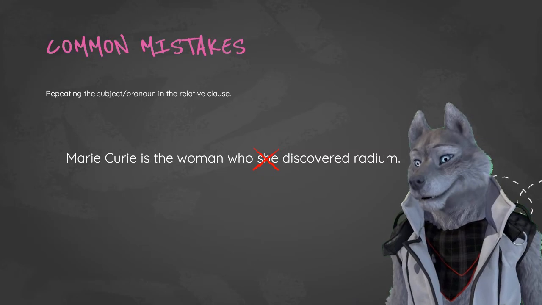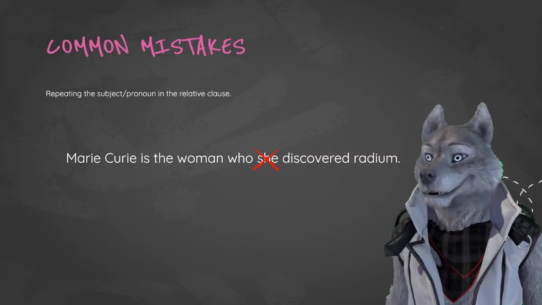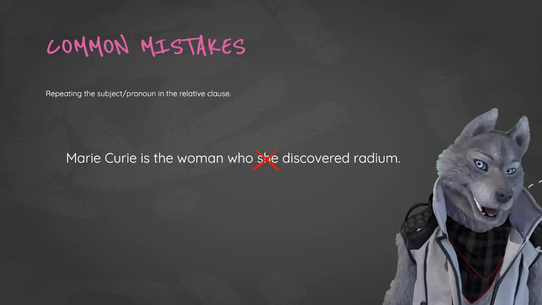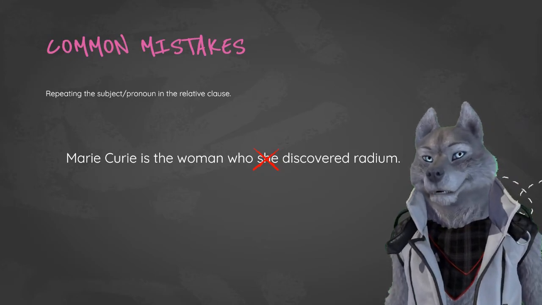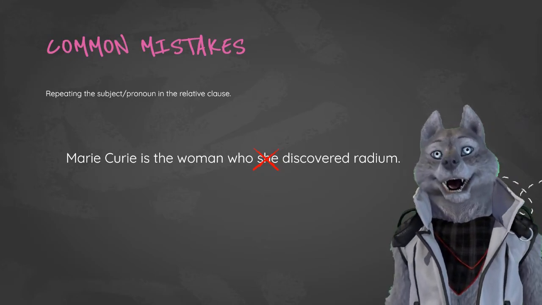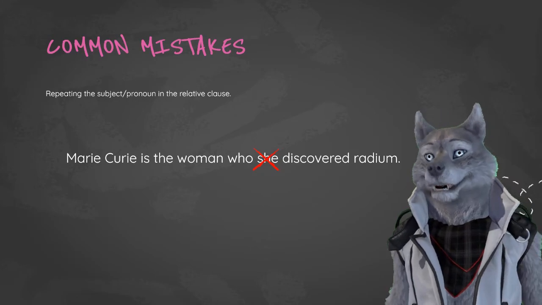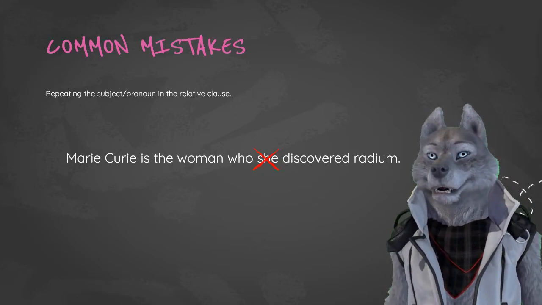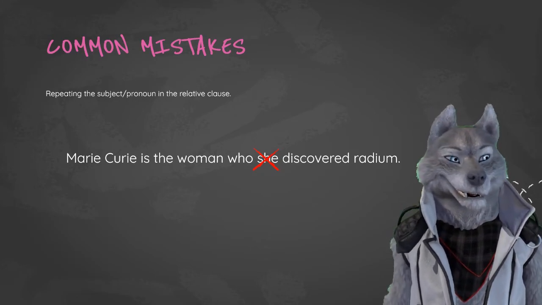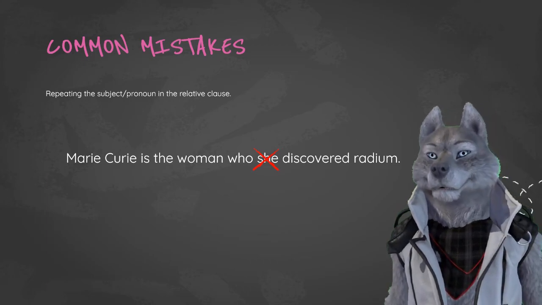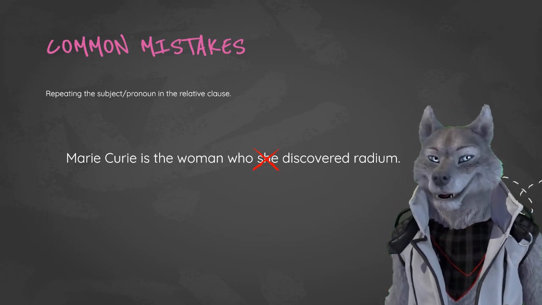The second type of mistake is when people repeat the subject or the pronoun in the relative clause. We are using a relative pronoun precisely not to repeat the pronoun again. So Marie Curie is the woman who she. Why do we say she? That doesn't make any sense. So ideally we remove this and that's it.